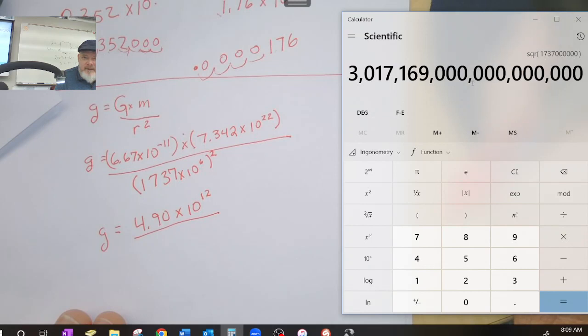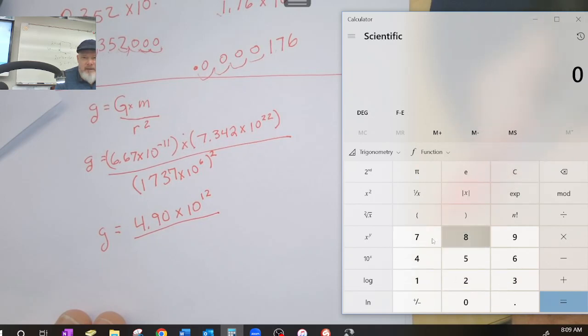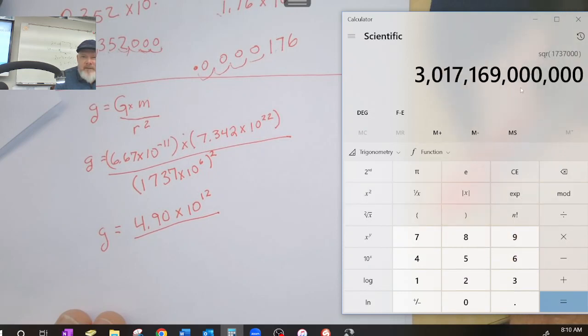3, 6, 9, 12. You know, I think I made a mistake. I believe this should have been 1.737 times 10 to the 6th power, and I'm going to square it. 3, 6, 9.